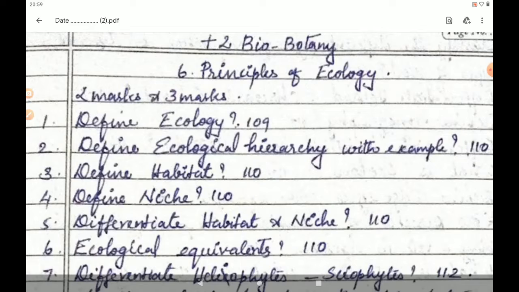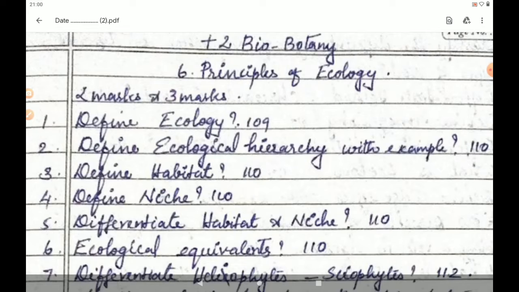Close the bracket. The environment of any community is called biotope. It's 1 mark question. Last point is 1 mark. First 3 lines are definition for habitat.